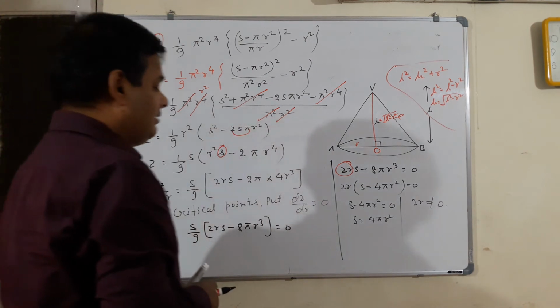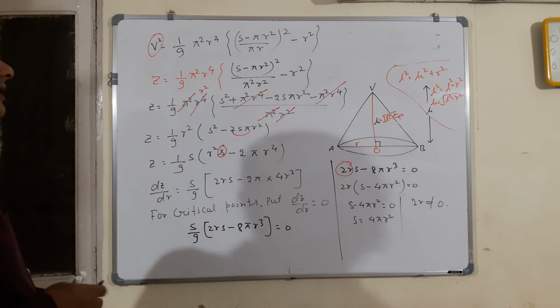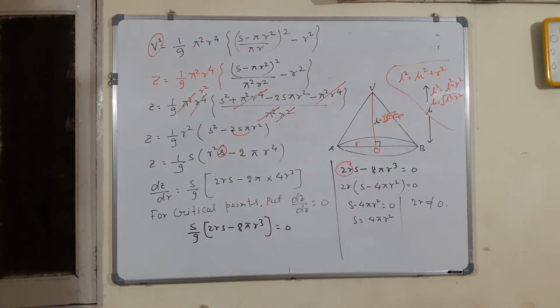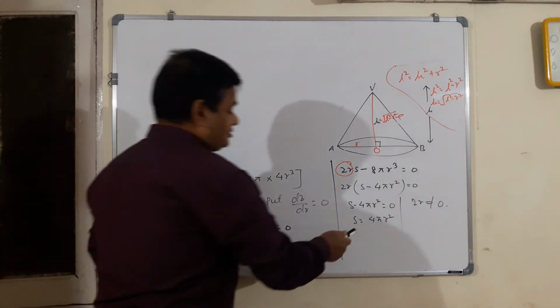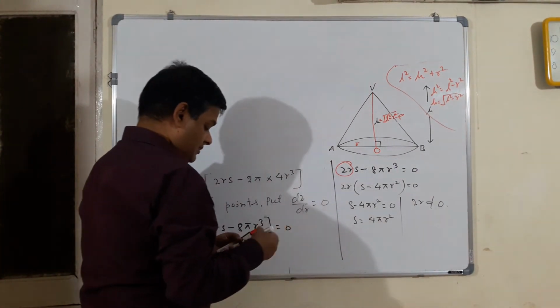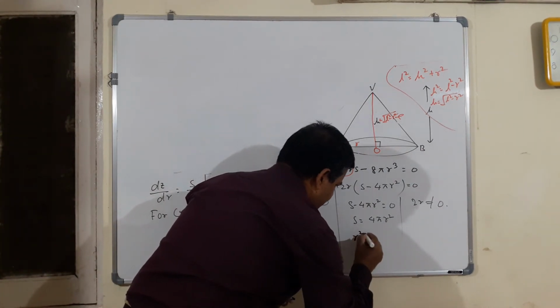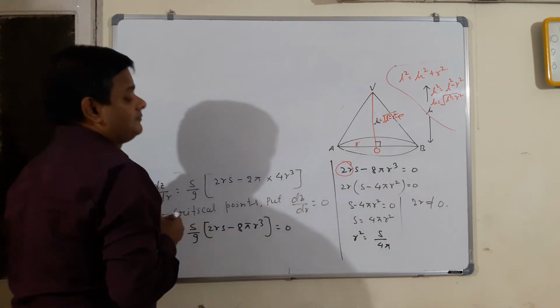So now s is equal to 4 pi r square. So r square is equal to s by 4 pi.